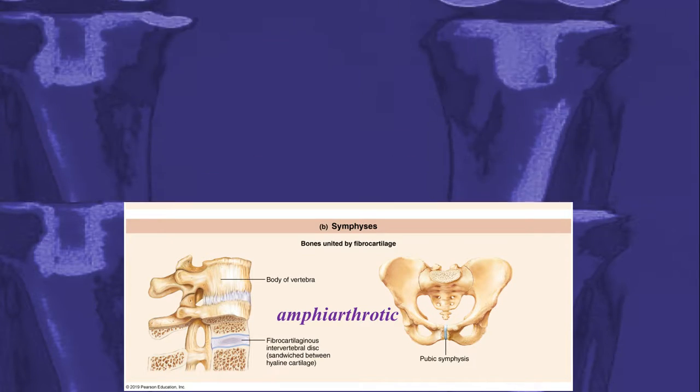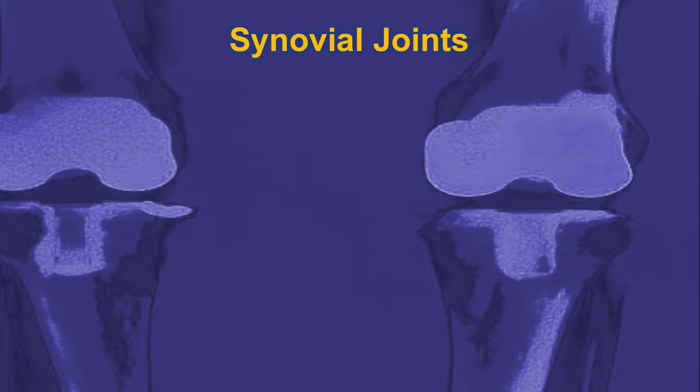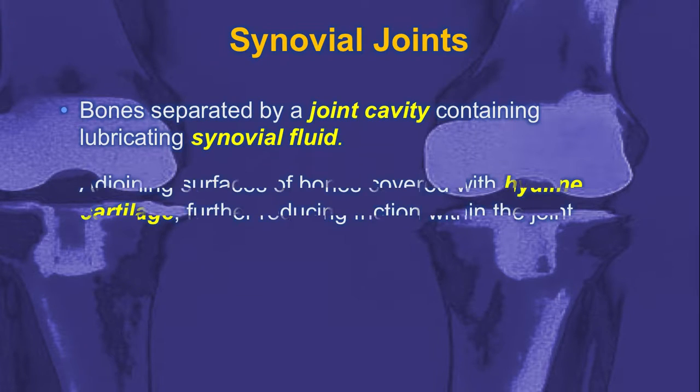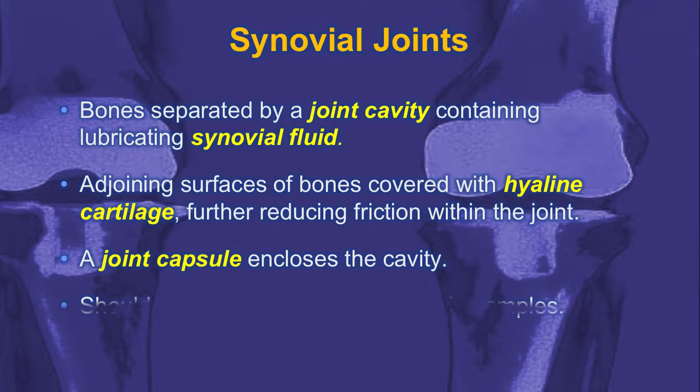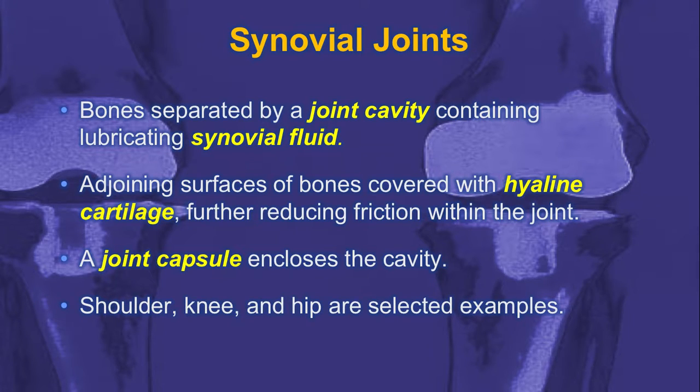So, amphiarthrotic. Now, we talked about fibrous joints. We talked about cartilaginous joints. Now, we are going to spend almost the rest of the class talking about synovial joints, okay? Now, it doesn't tell us what type of functional category these synovial joints fit into.